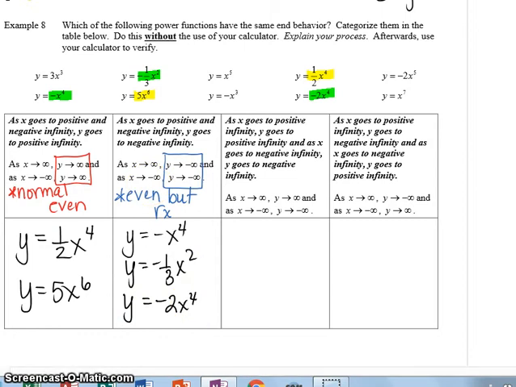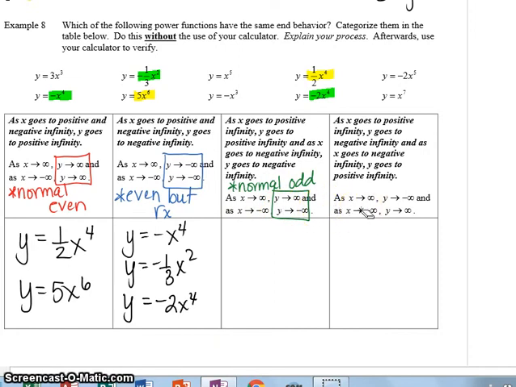The next box, the end behavior, has that of a normal odd. So if you go back and think about what y equals x cubed looked like, as x approached positive infinity, y approached positive infinity. As x approached negative infinity, y approached negative infinity.